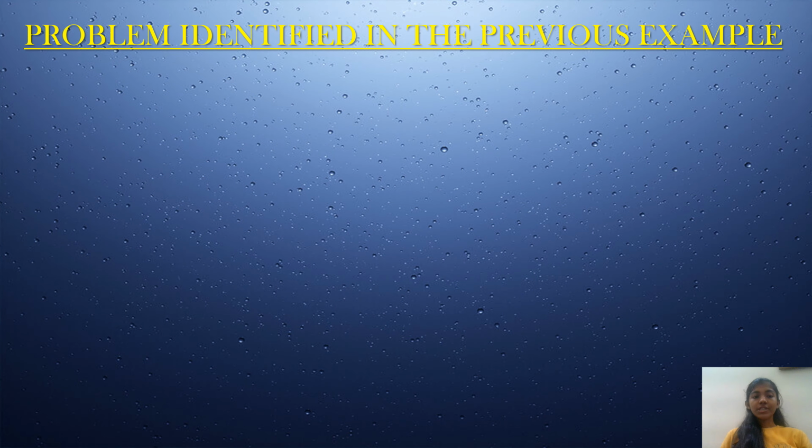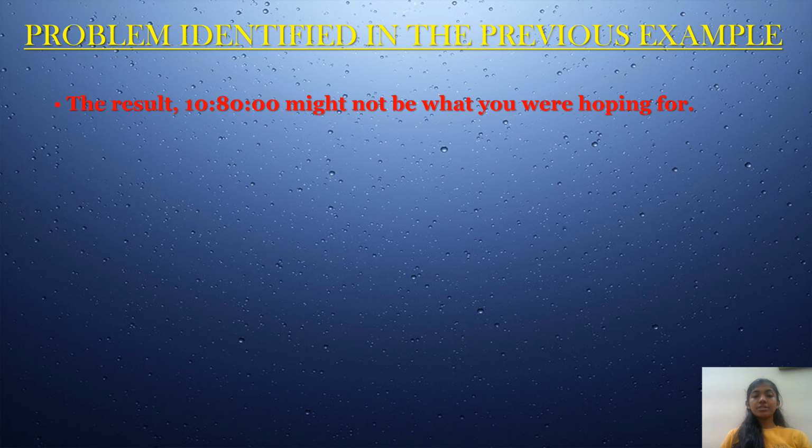In the previous video, I discussed the class time and the pure function, in which I showed one example of a pure function. So let's begin with the problem identified in the previous example. The result we get is 10 hours 80 minutes, which might not be the result we were hoping for.